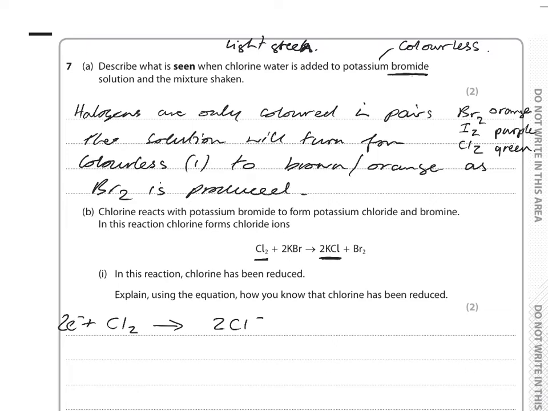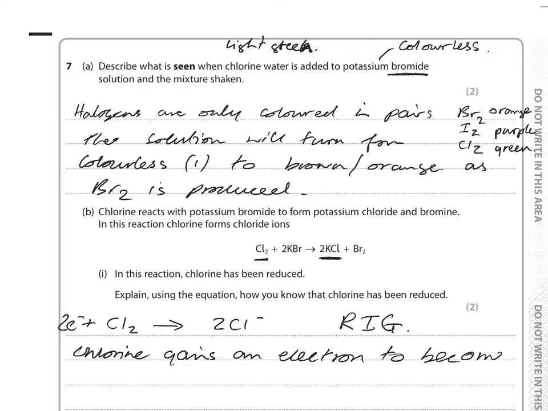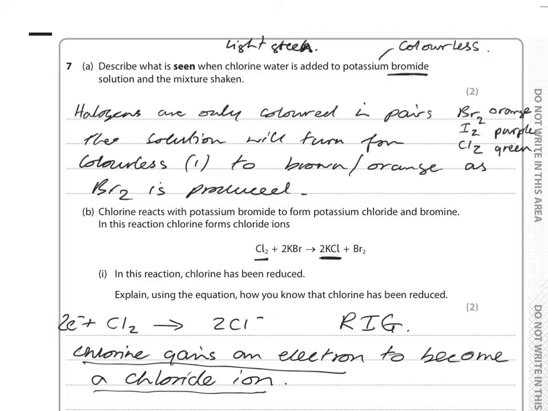Now chlorine gains 2 electrons to become chloride, and that is the reason why it's reduced, because reduction is gain. So chlorine gains an electron to become a chloride ion. And the 2 marks were for saying chlorine gains an electron for 1 mark, and to make a chloride ion for the 2nd mark.